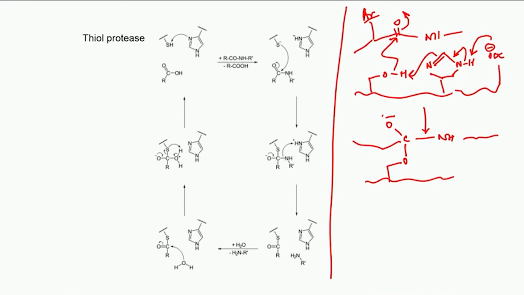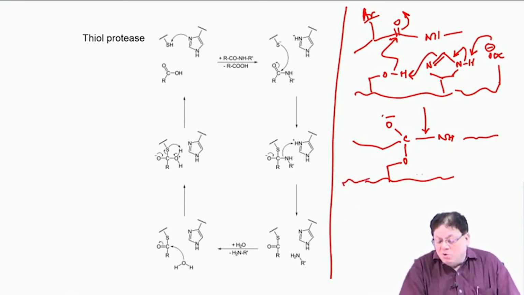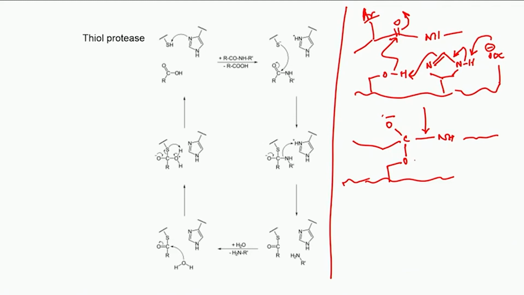Here the bonds are fully formed, but this is not a very stable system, because you have a negative charge on oxygen. Now, the enzyme is also extremely clever, because if you can stabilize the intermediate, that means the reaction will be faster. What is an intermediate? In a two-step process like serine protease, the first reaction gives an intermediate via a transition state, where there will be a delta negative.